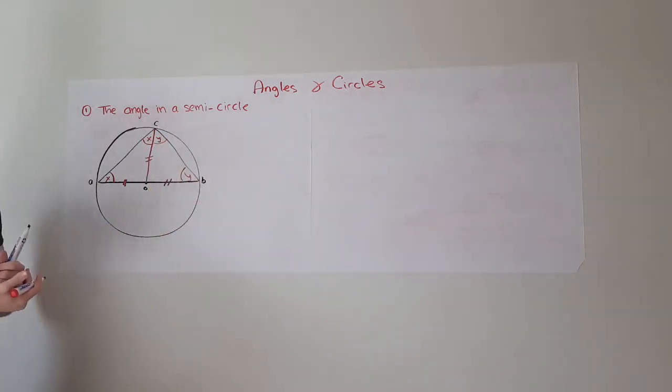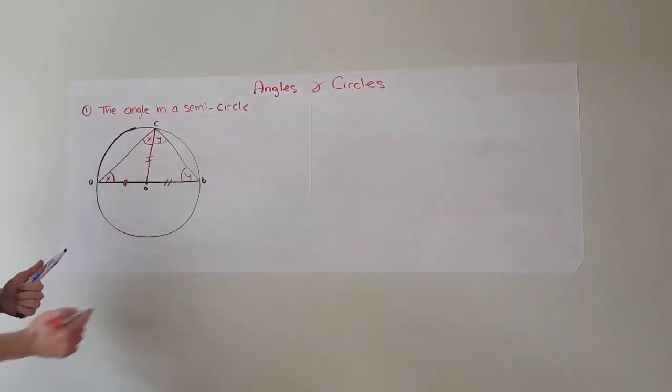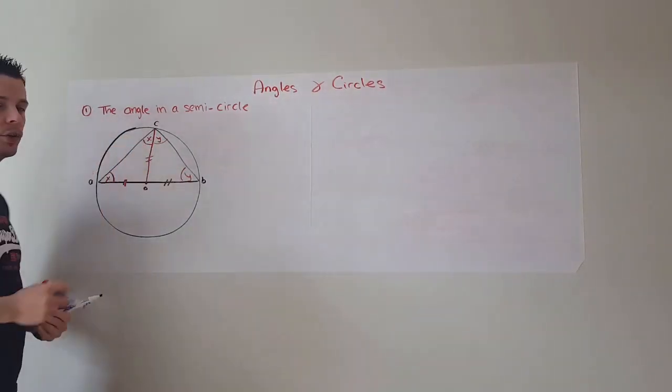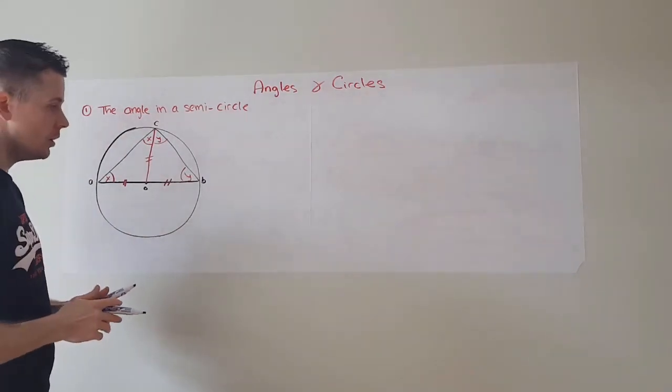Now, what do you know about a triangle already? We know the three angles of a triangle add up to give us 180 degrees.